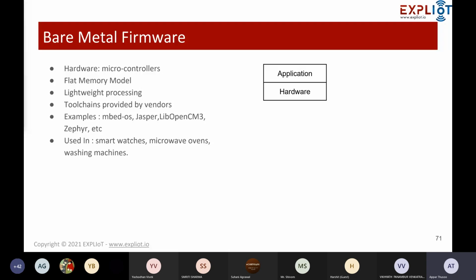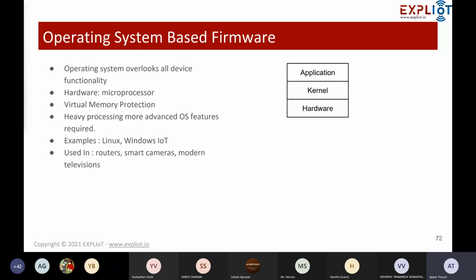Now moving on to what a full-fledged operating system based firmware is. Operating system firmware oversees all device functionality. It is like a complete operating system, for example any Unix-based system, or the Windows or Mac OS that you run on your notebooks and desktops.